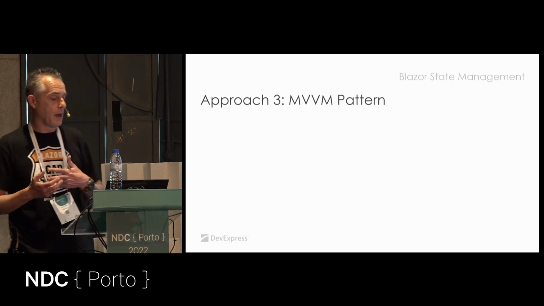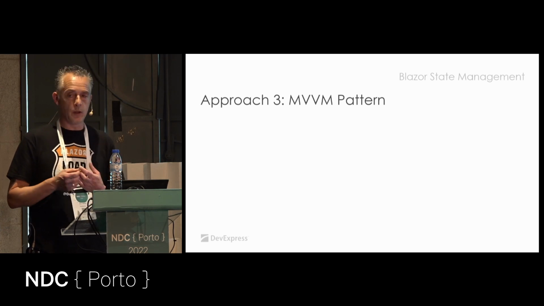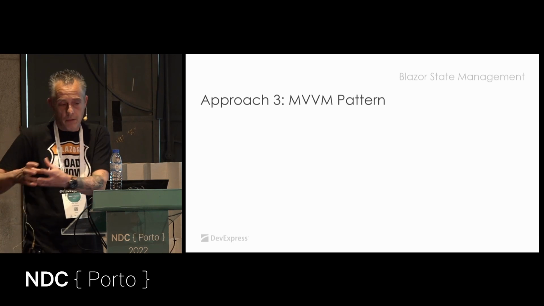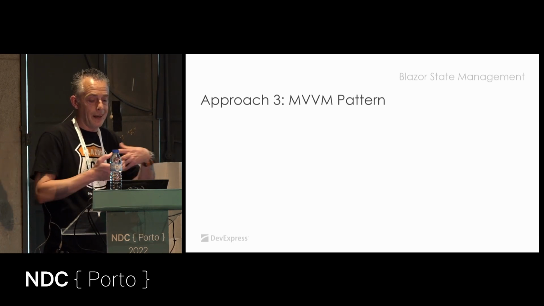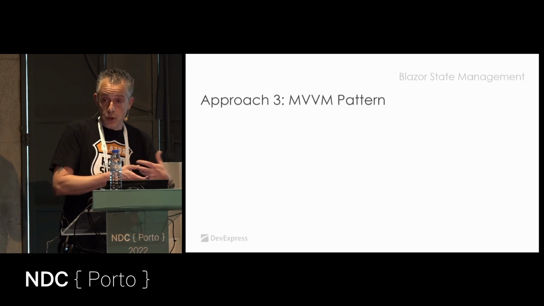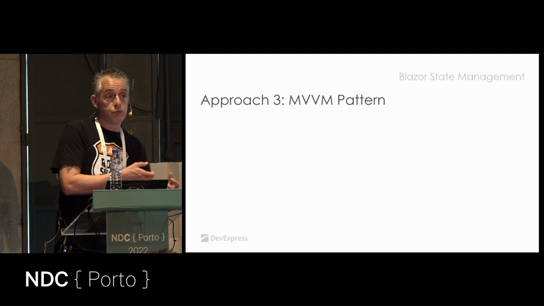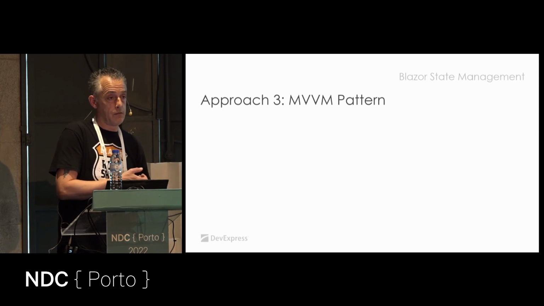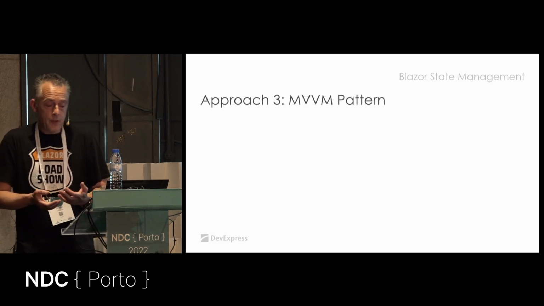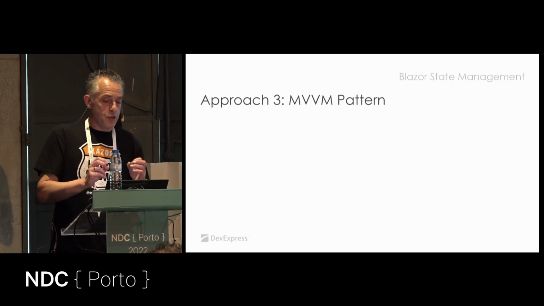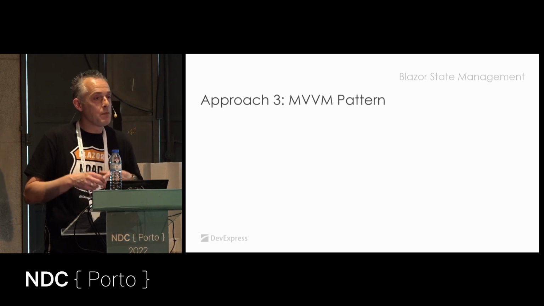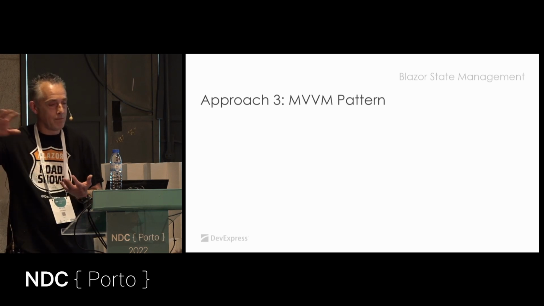With the MVVM pattern, we will actually separate the logic and the UI completely from the Razor file and put it in a class, and we can use dependency injection and use that same view model to store the state. For certain scenarios, it might be nice to use the MVVM pattern, but you have to decide that from the start of your application, because you have to go all the way, basically.